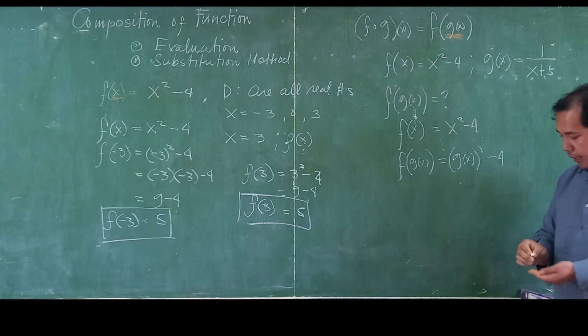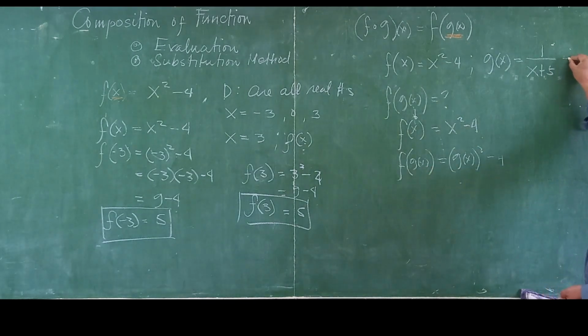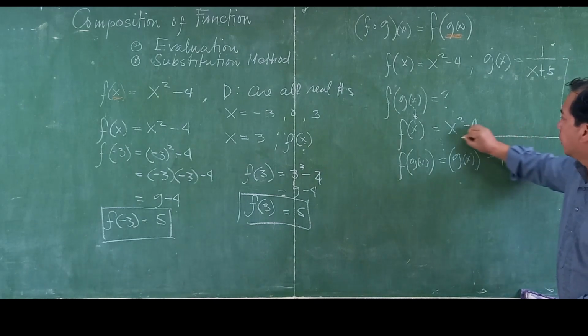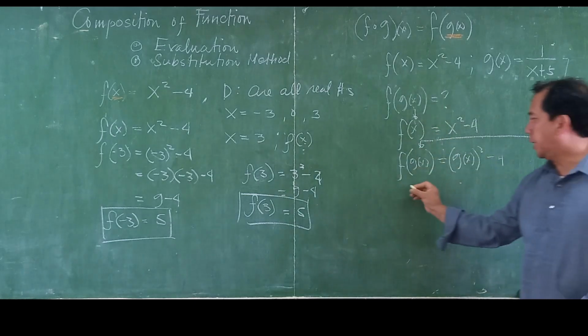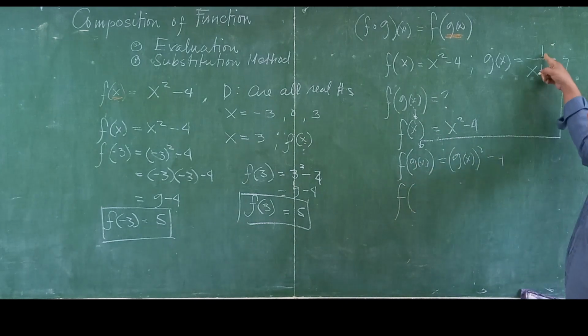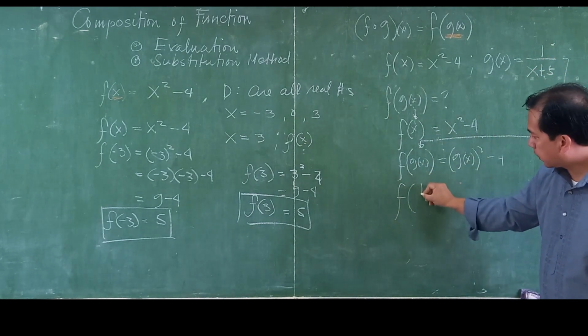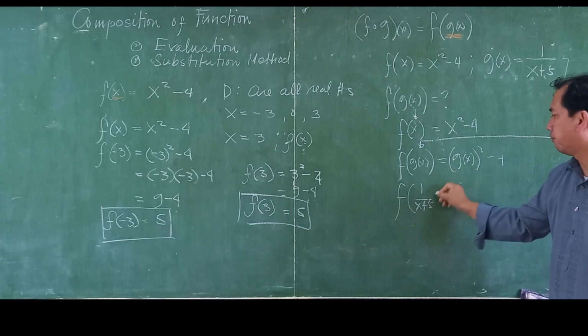And so with that, we replace again. So meaning to say, we put an arrow so you can follow. Meaning, we have in here, we change. Okay? By saying that our g of x is 1 over x plus 5.